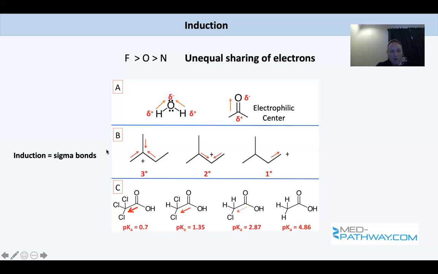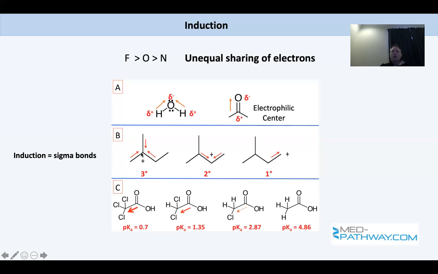Now we see induction with sigma bonds. Over here in panel B, we see a carbocation. We know that carbocations have differential stability, whether they're tertiary, secondary, or primary. Tertiary is the most stable of the three, because these alkyl groups, these R groups, are inductive, and they donate electrons towards the positive charge.